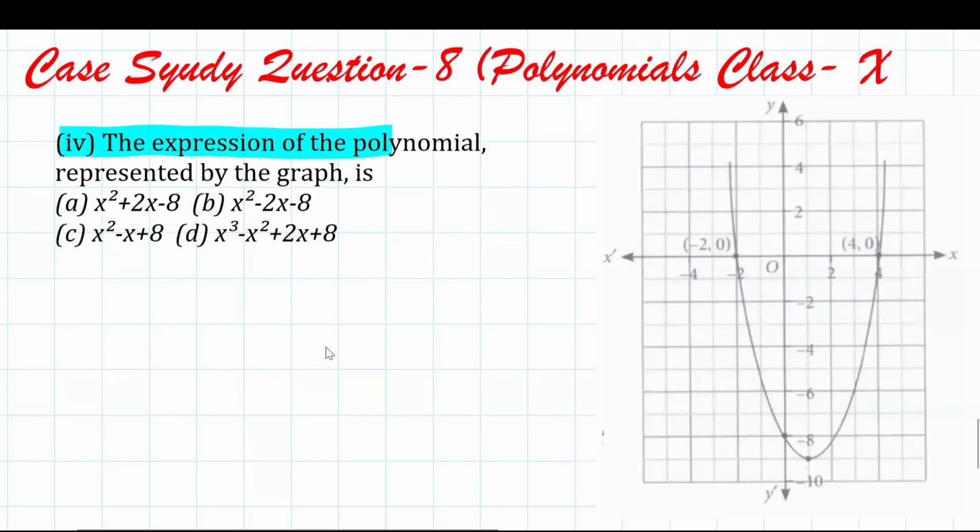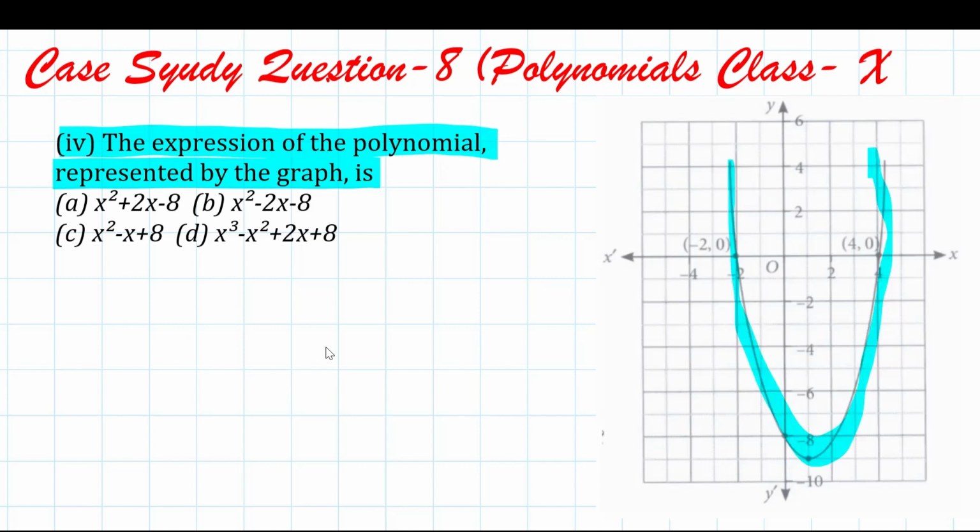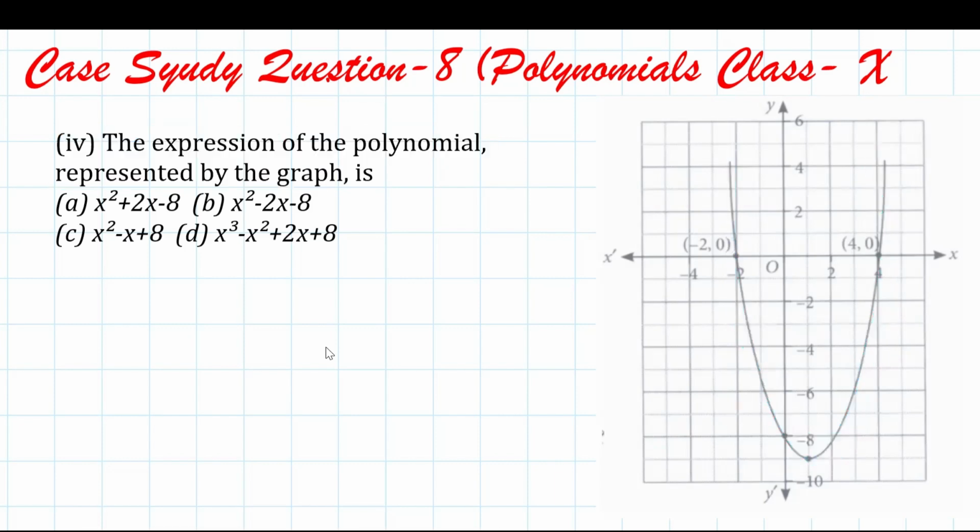The fourth part is the expression of the polynomial represented by the graph. A graph is given over here, and we have to select or frame a polynomial which is representing this. For that, you note the two zeros. And what are the zeros? It is -2 and 4.